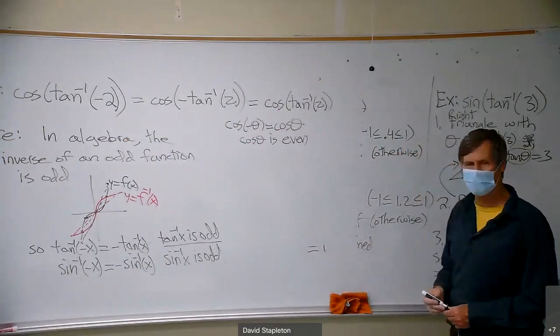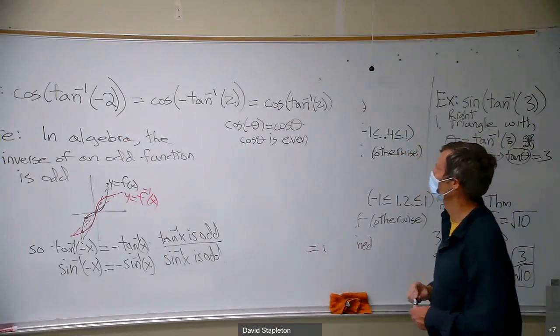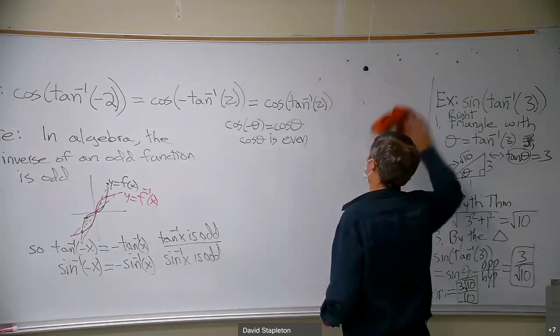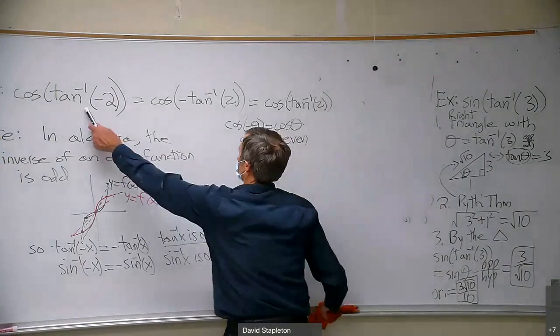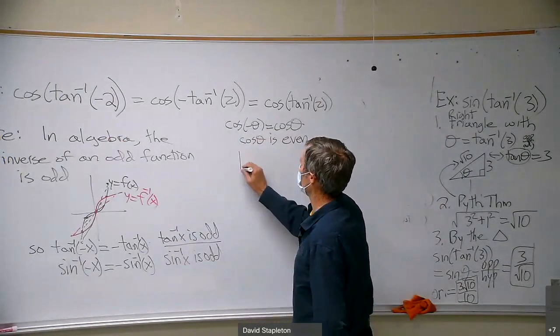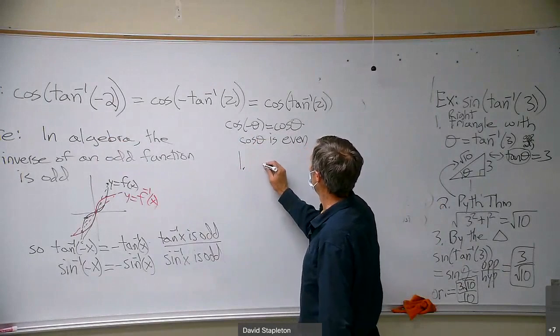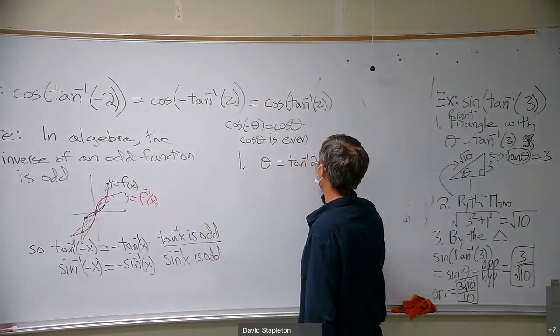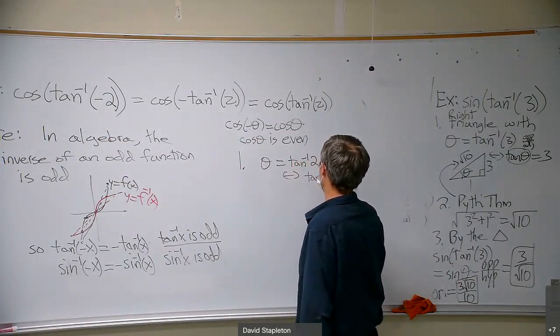Now I can do it. I got rid of those negative side lengths. So you can do this kind of thing if you have an arctangent or arcsine in the middle. And now I can do the 3 steps to evaluate this. 1, let theta be the arctangent of 2. So equivalently in a triangle, tangent theta equals 2.